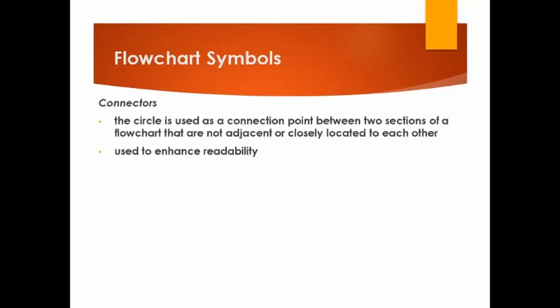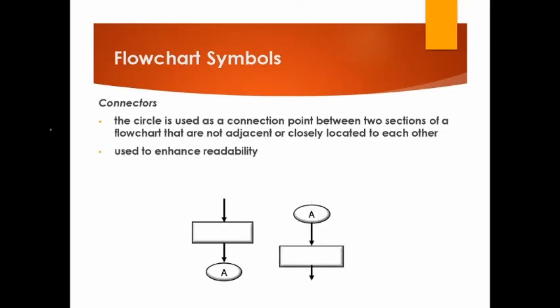Next one. Connectors. Connectors are not used very often, but I will just show you how to use them. For connectors, the circle is used as a connection point between two sections of a flowchart that are not adjacent or closely related to each other, used to enhance readability.